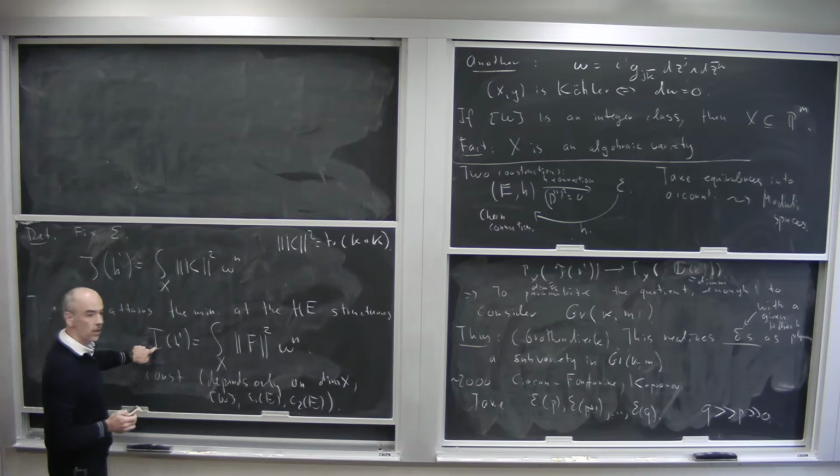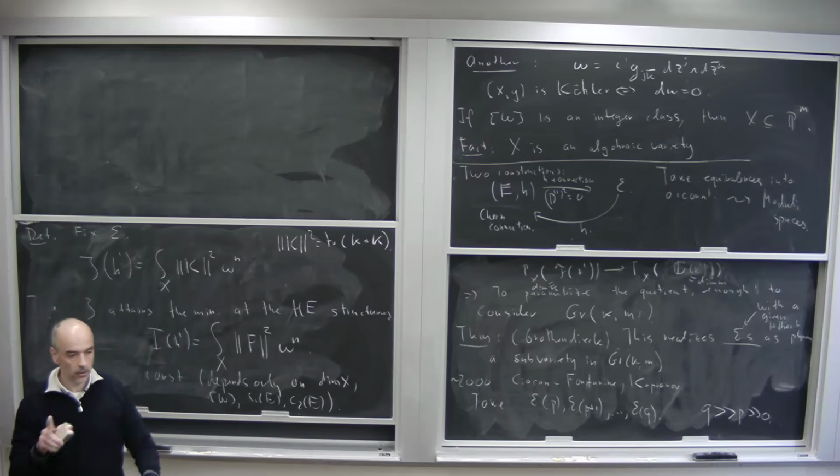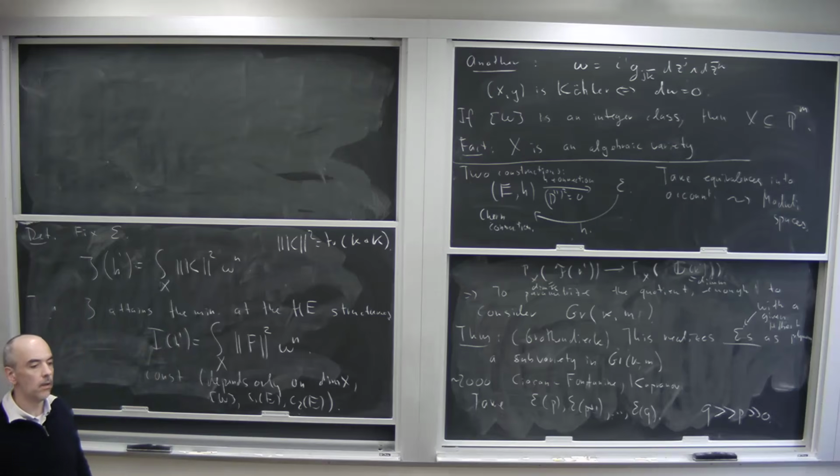Which one? This one or this? This, yeah. Yes, it is this action on the space of Hermitian structures. If you look at all possible Hermitian forms, for each form, you have a number.